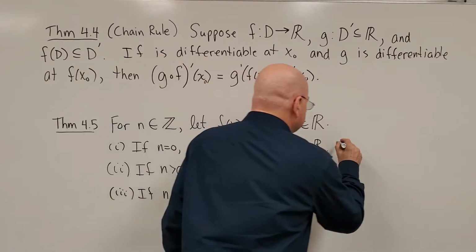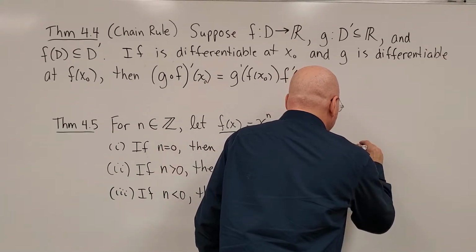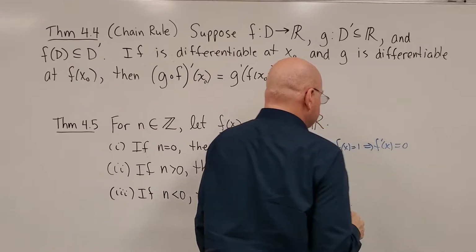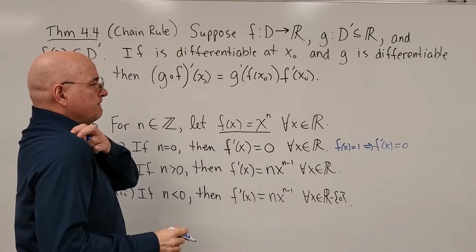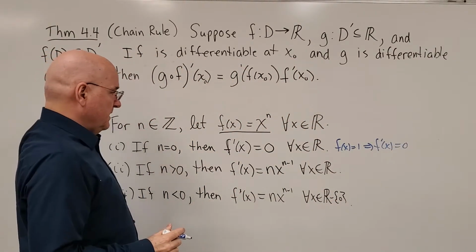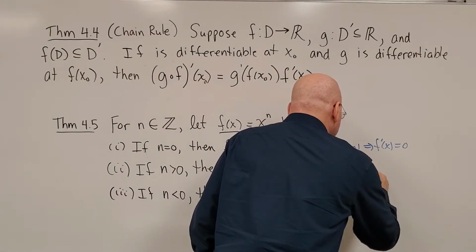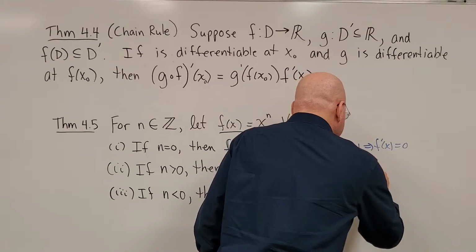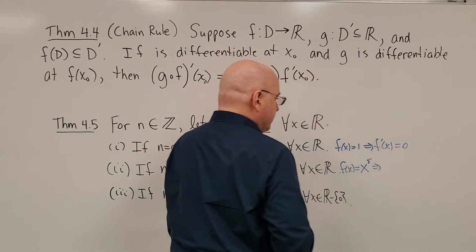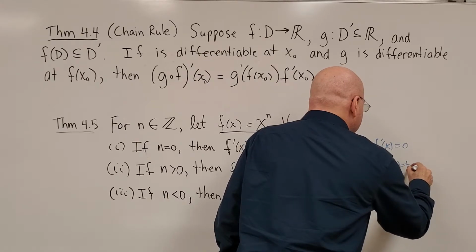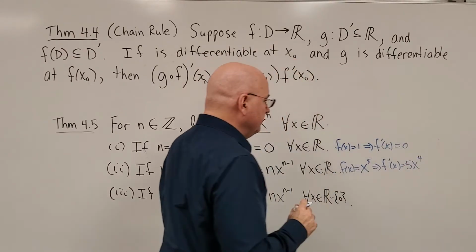In each case, f of x equals 1 implies f prime of x equals 0. That's simple. The next one, f of x equals x to the 5th implies f prime of x is 5x to the 4th power.